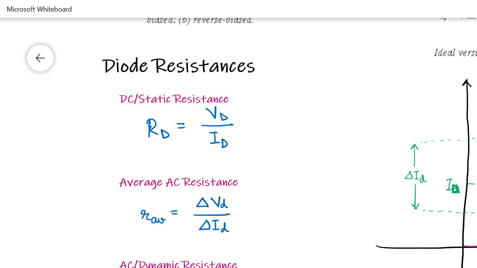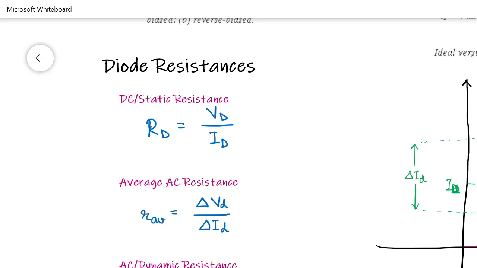Suppose an AC voltage is acting over that region. All are on the positive side anyway, and that gives rise to a change in the current in the diode also. The current change is delta Id. So this R average, the average AC resistance, will be delta Vd by delta Id.